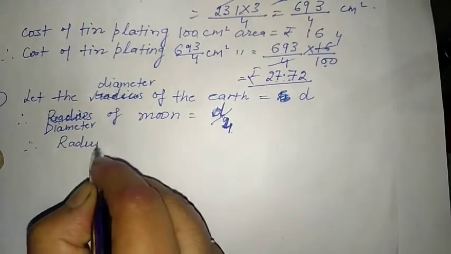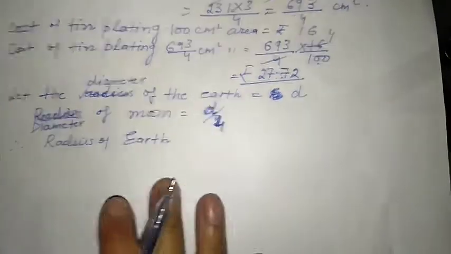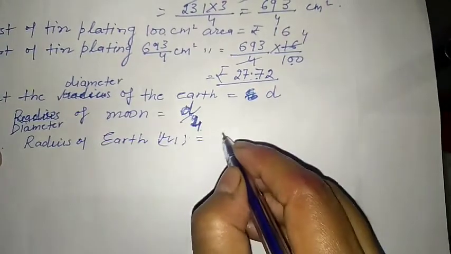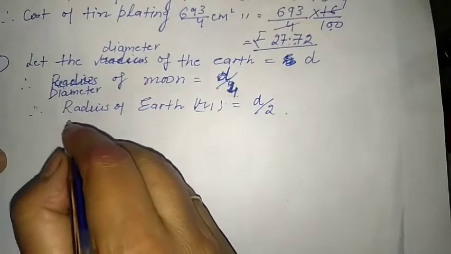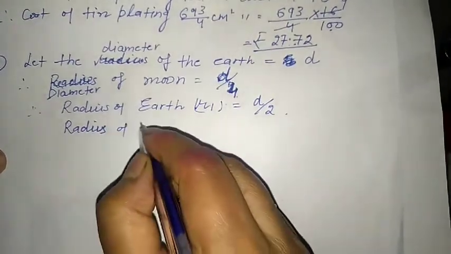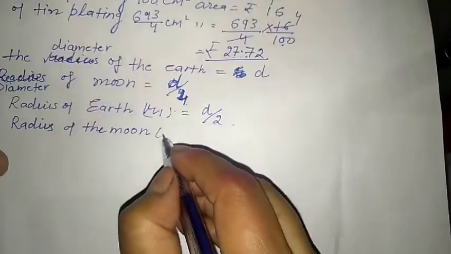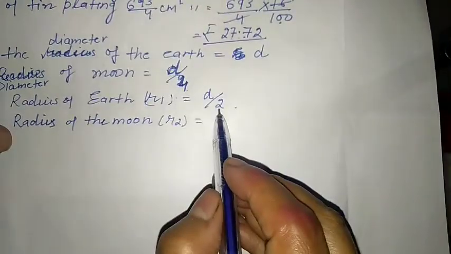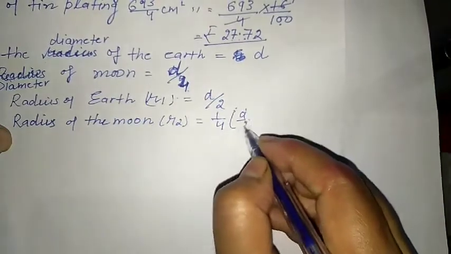So radius of earth, suppose that is r1, that will be equal to half of the diameter, and the radius of the moon, suppose that is r2, and that is equal to 1/4 of the radius of the earth.